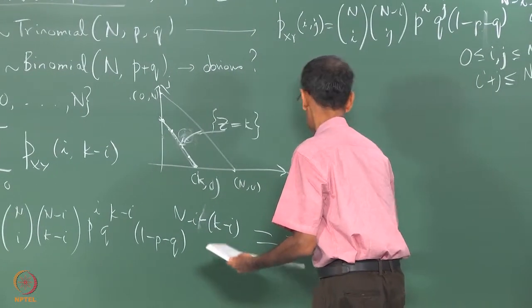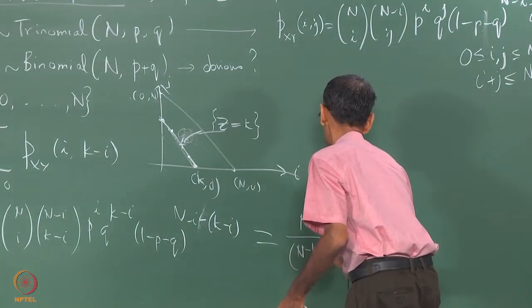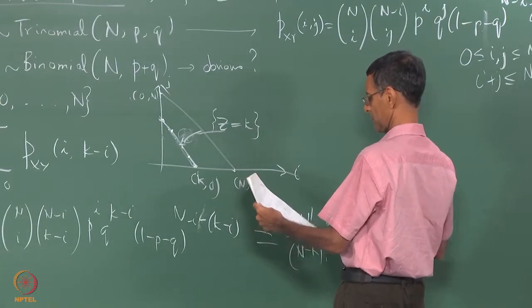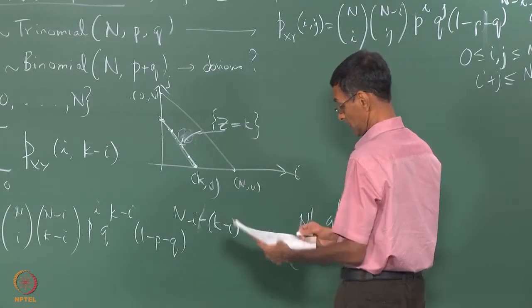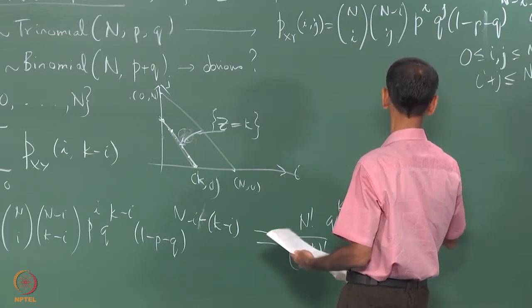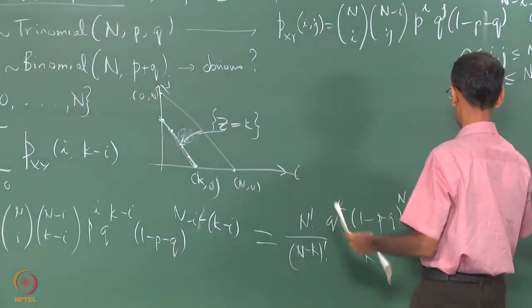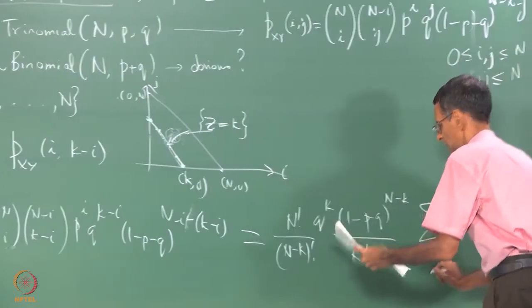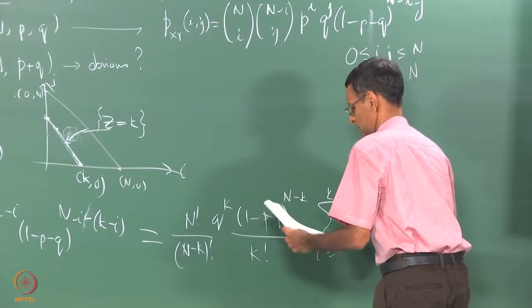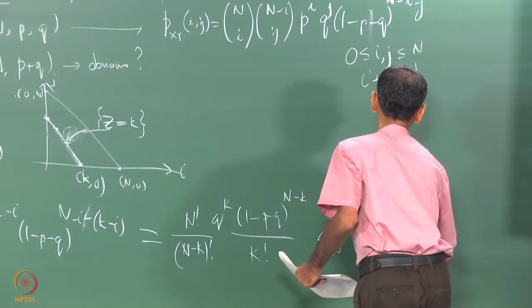So essentially what I will get is n factorial divided by n minus k factorial, q power k, 1 minus p minus q to the power of n minus k, by k factorial, times the summation I equal to 0 to k, which is just k choose I, p by q whole power I.